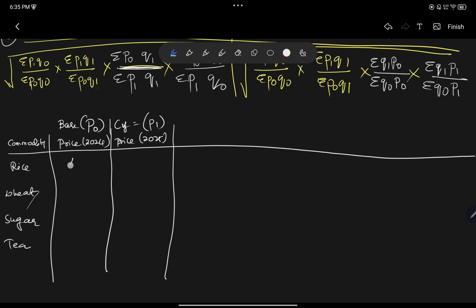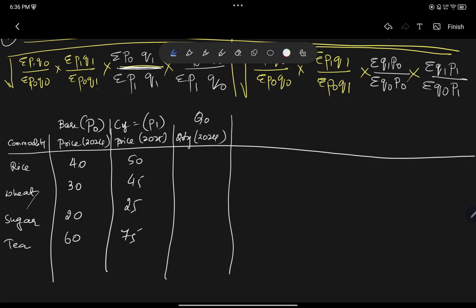What is P0? It is 40, 30, 20, 60, 50, 45, 25 and 75 as per the question. After that, they even have given the quantity. I will just write QTY of 2024, that is Q0, right?